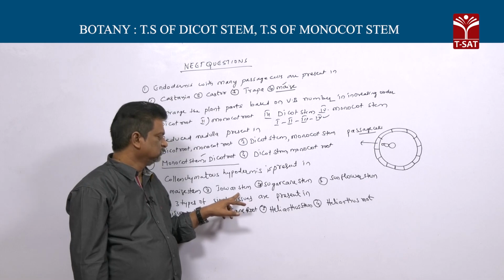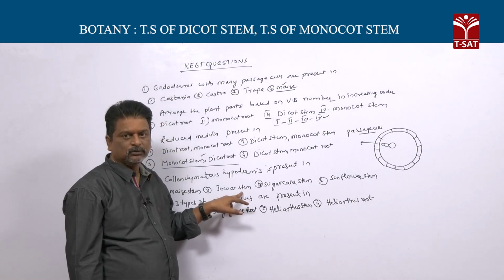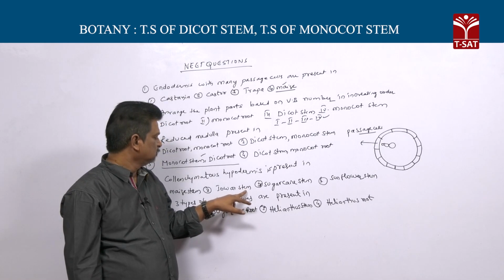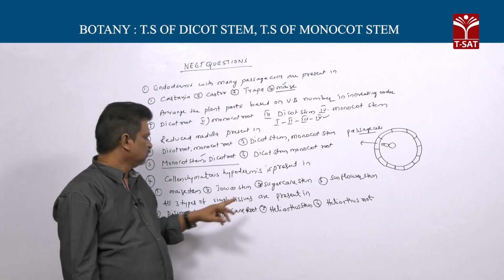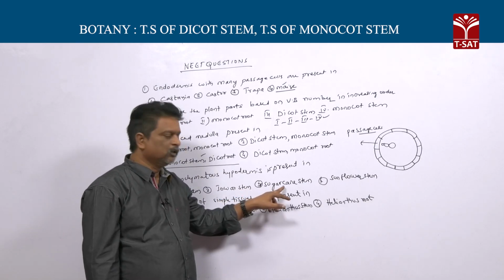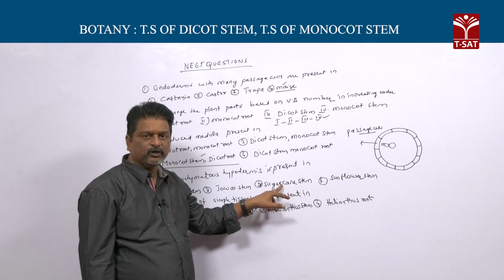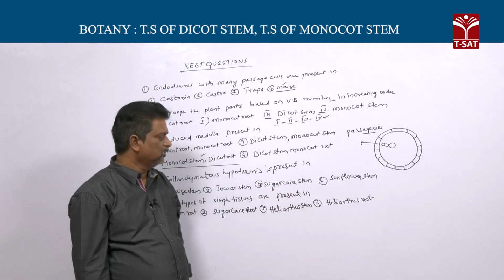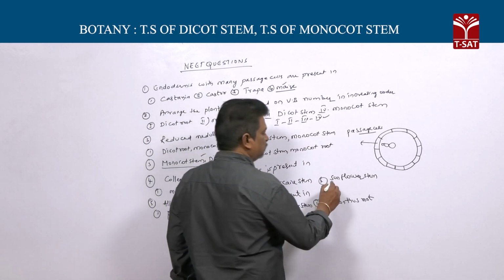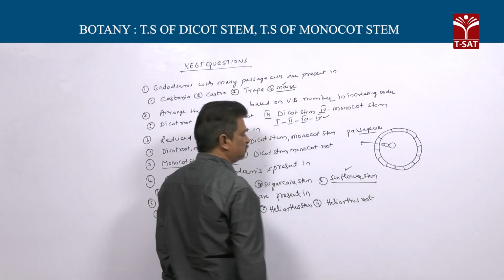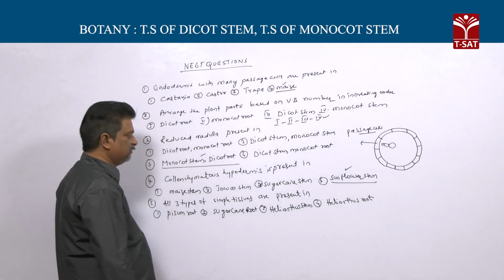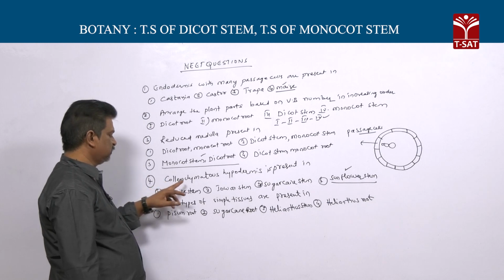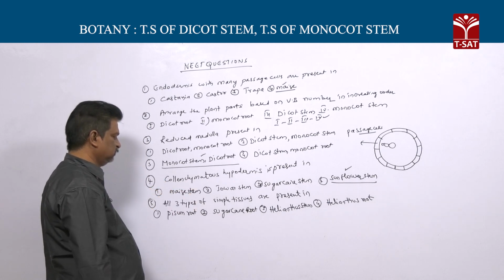Then maize is monocot, so even in maize stem, collenchyma is absent. Then the next one, sugarcane. Even sugarcane is monocot stem, so collenchyma is absent. So, it is present in dicot stem. So, the answer is sunflower. In sunflower stem, collenchymatous hypodermis is present.